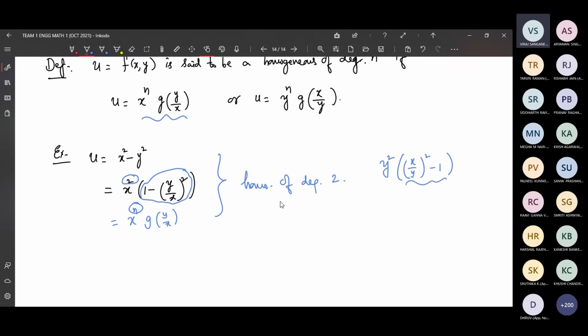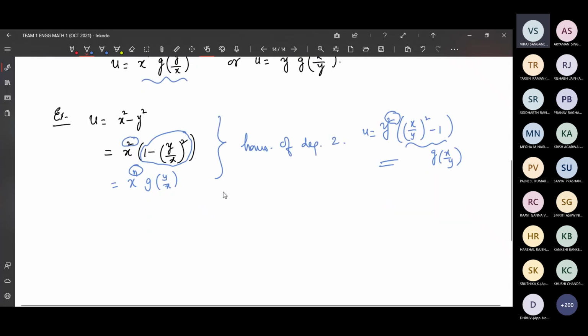So this is a function of x by y, and this is your n. That means any way you can do that. So u is a homogeneous function of degree n equal to 2 here.